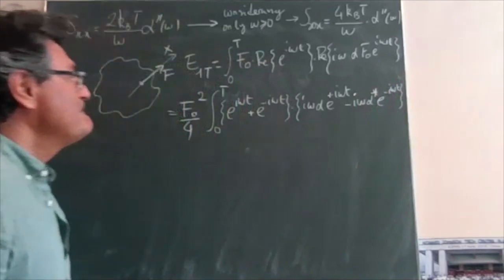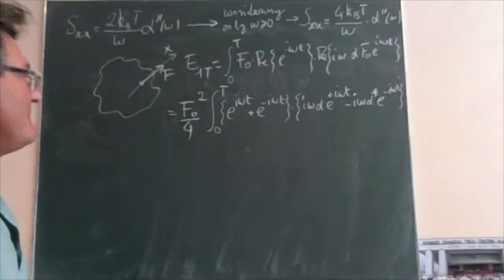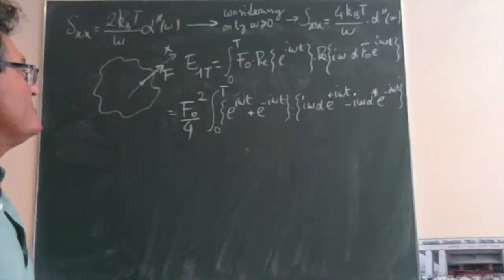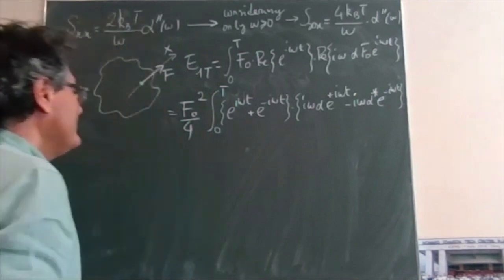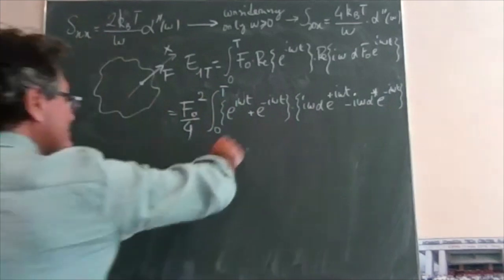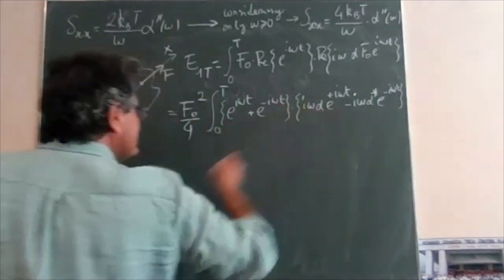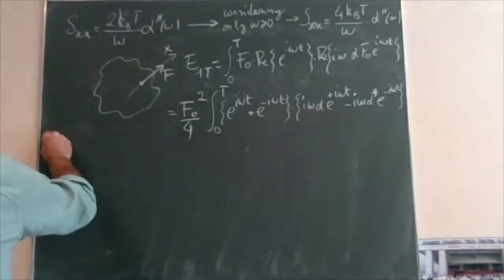Perfect. Let's see what is the result of it. Let's calculate first the product of the two parentheses.